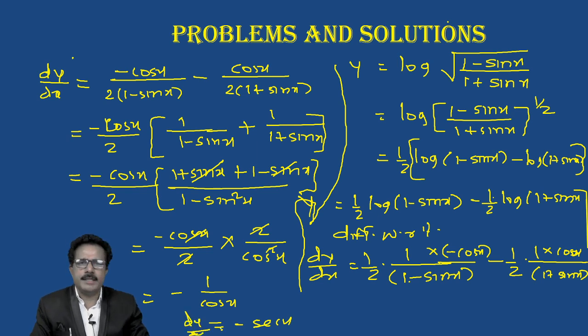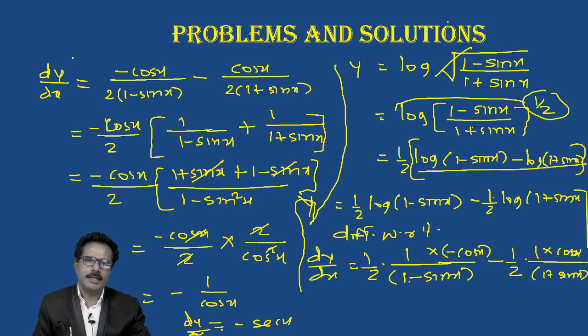Thus we can find the derivative of log of root 1 minus sin x divided by 1 plus sin x. First of all, we converted this root into its index 1 by 2 by the logarithmic formula log of m raised to n. This is a product, and due to the division we can take subtraction in log and then simplify.